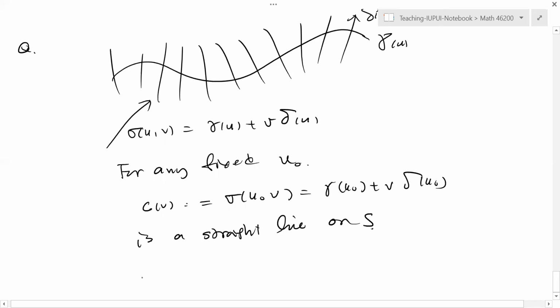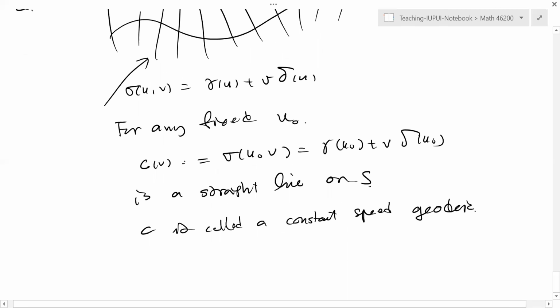It describes a geodesic, though it is not a unit speed one; it is called a constant speed geodesic. We are not going to distinguish between a map for the curve and the curve itself when talking about geodesics. Sometimes we say this curve on the surface is a geodesic, and sometimes the map which describes that curve is called a geodesic.